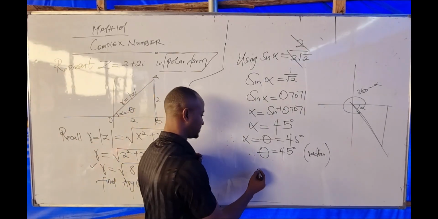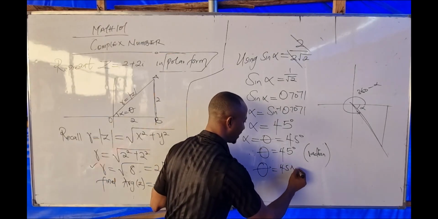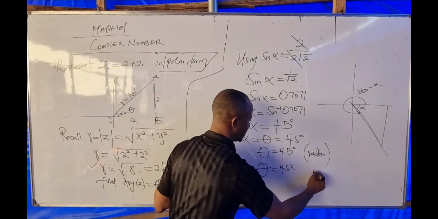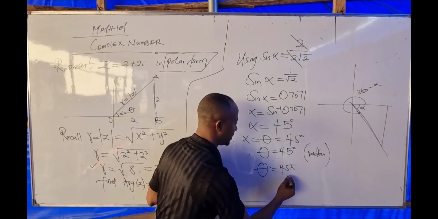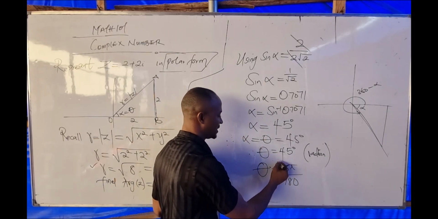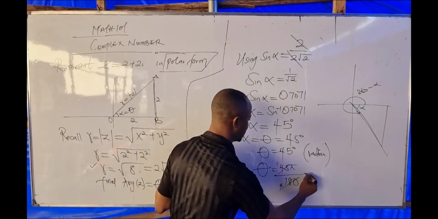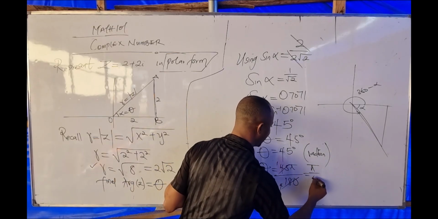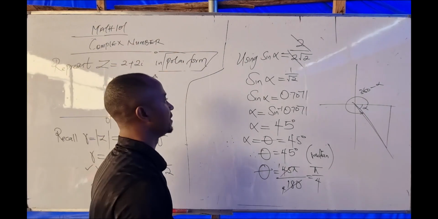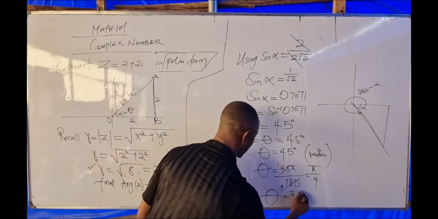How to convert to radians is simple. We multiply 45 by pi radians, then divide by 180. 45 goes into 45 once, and 45 goes into 180 four times. So the value becomes pi over 4. Now we have been able to solve for our angle theta. Our angle theta is pi over 4.